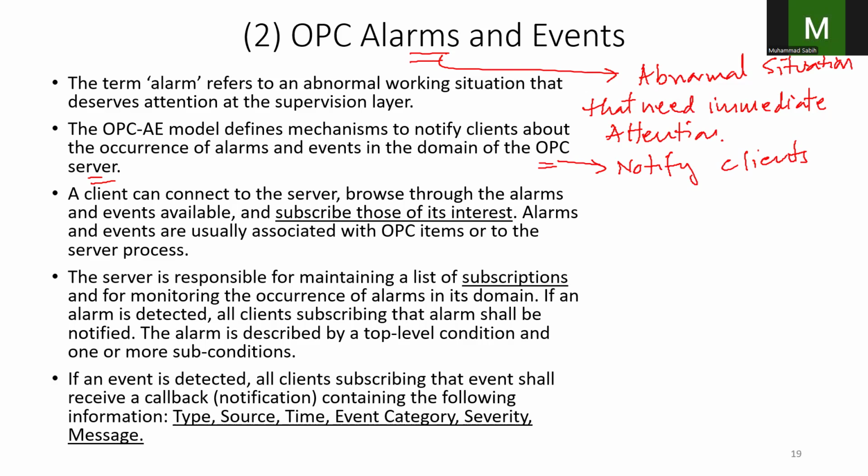A client can connect to the OPC server, browse through the available alarms or events, and it can subscribe to those events in which it is interested. So these alarms can be tied to the specific OPC item or even to server level issues.